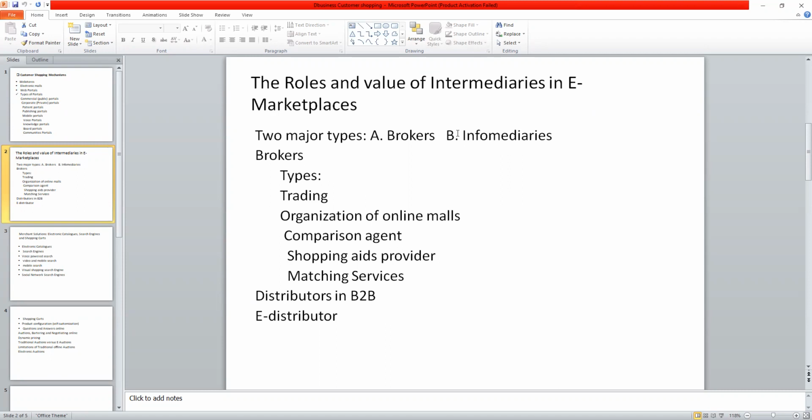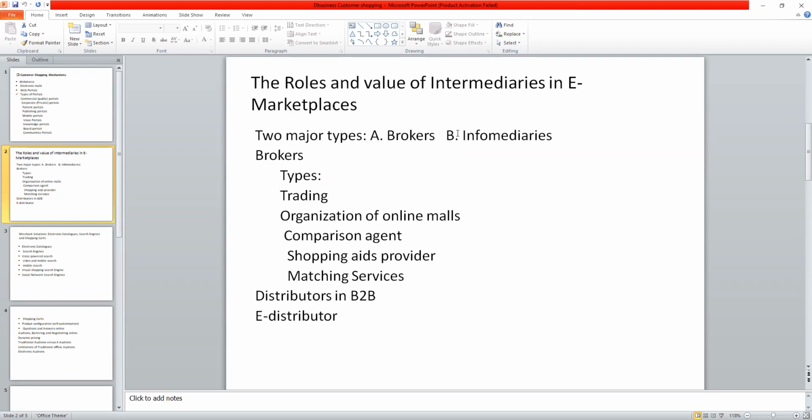There are also distributors when we consider the business to business markets. A special type of intermediary in e-commerce is B2B, or we can say e-distribution. These intermediaries connect manufacturers with business buyers who are the customers.